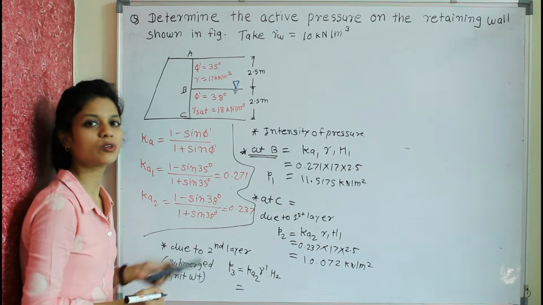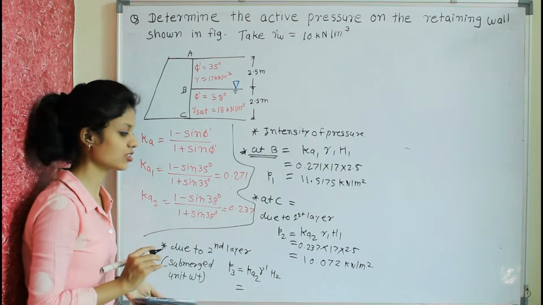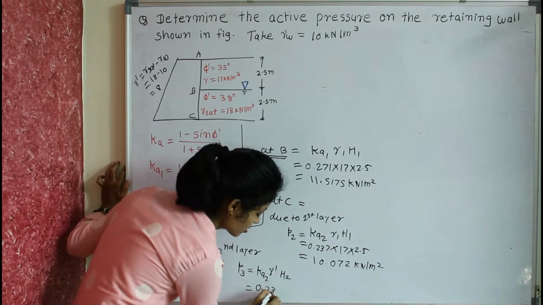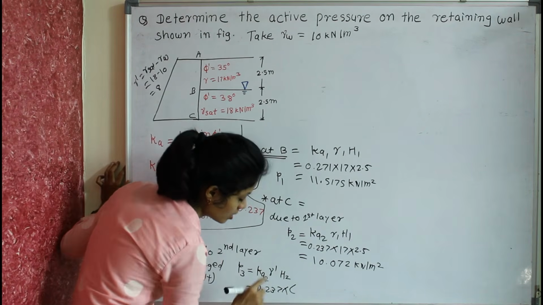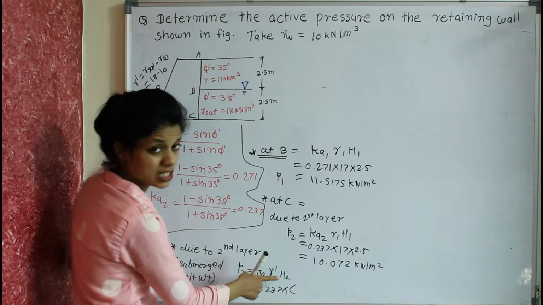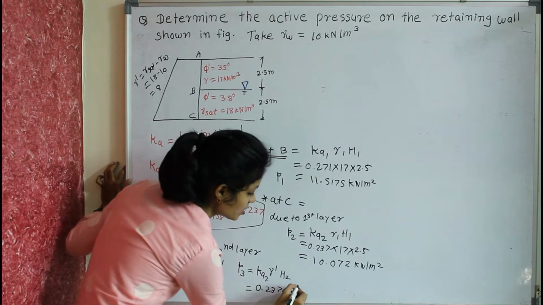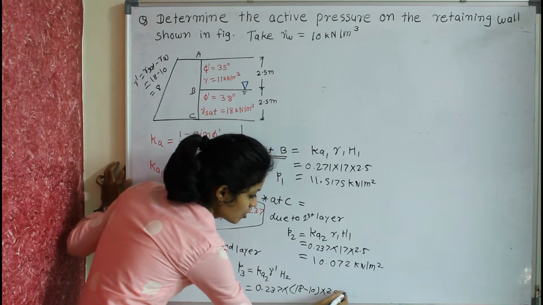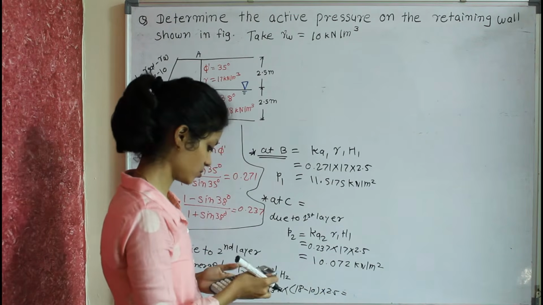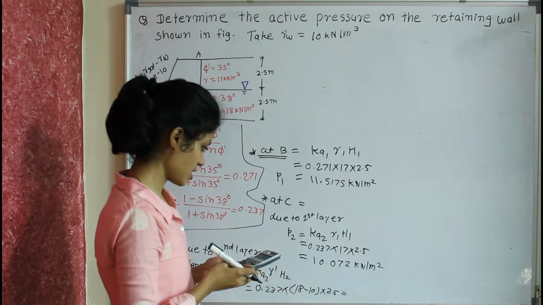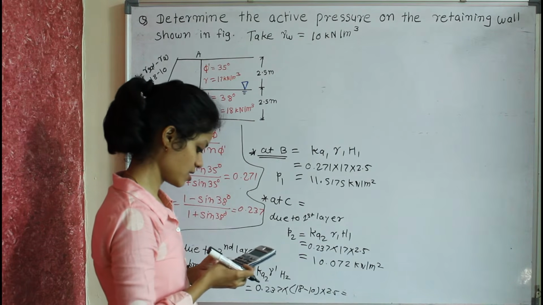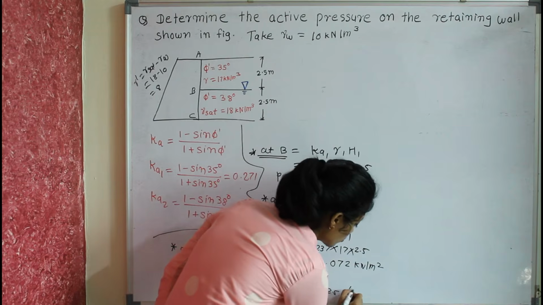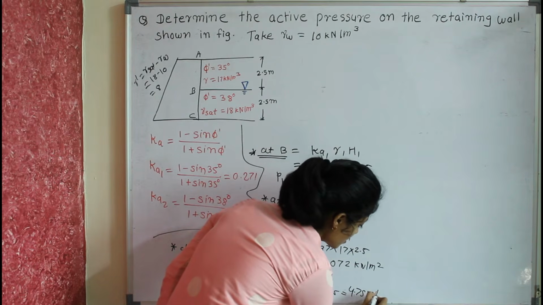In this case, thickness of both layers are same, so you can write directly H also. Okay. 0.237 into gamma dash, submerged unit weight, saturated unit weight 18 minus unit weight of water 10, into H2 is 2.5, which is equal to 0.237 into 18 minus 10 into 2.5, which is 4.74 kilonewton per meter square.